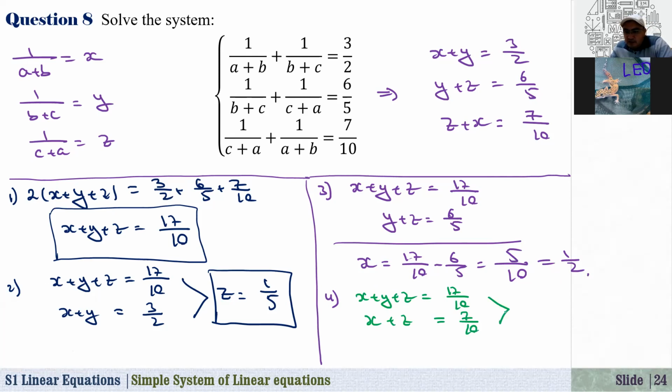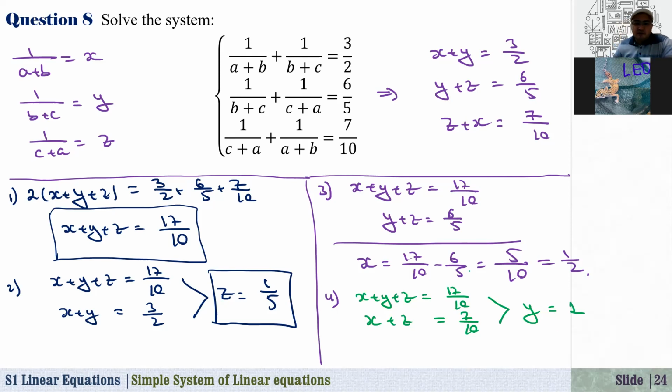Again, if you subtract, x is gone, z is gone. Here we have y is equal to 17 over 10 minus 7 over 10, that's 10 over 10, that's equal to just 1.